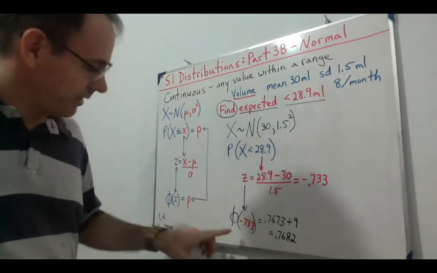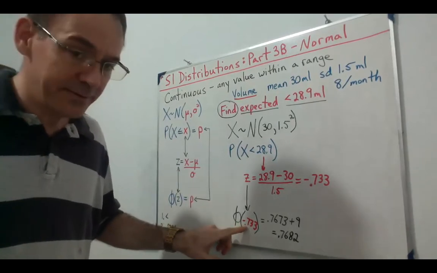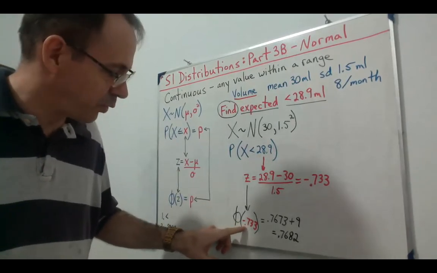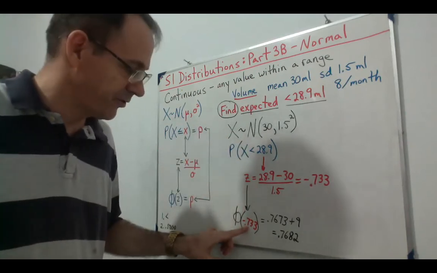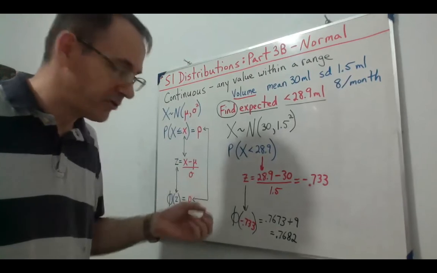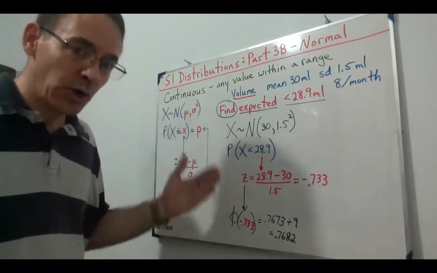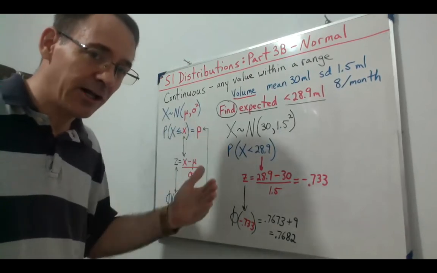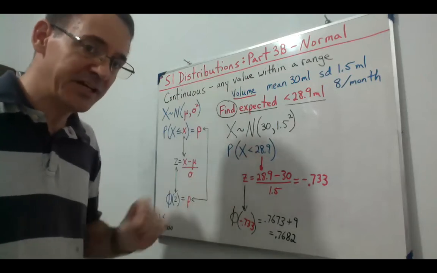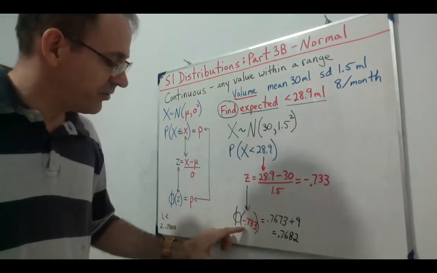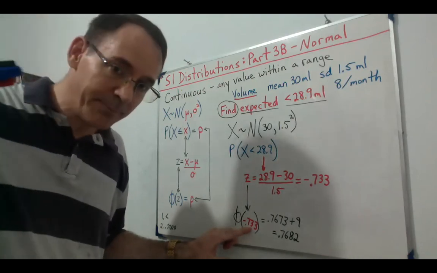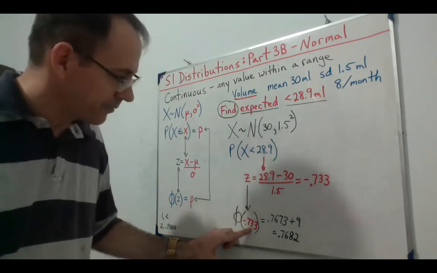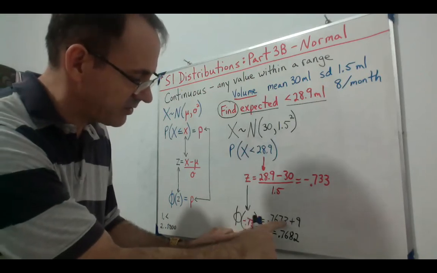So we looked up 0.7, cross-referenced 0.7, which was the left column, the first decimal, if it has a whole number. So 0.7, 1.7, 2.7, that left column has a whole number in the first decimal place. So this was 0.7, cross-referenced with the top number, which was a 3, that gave us 0.7673.